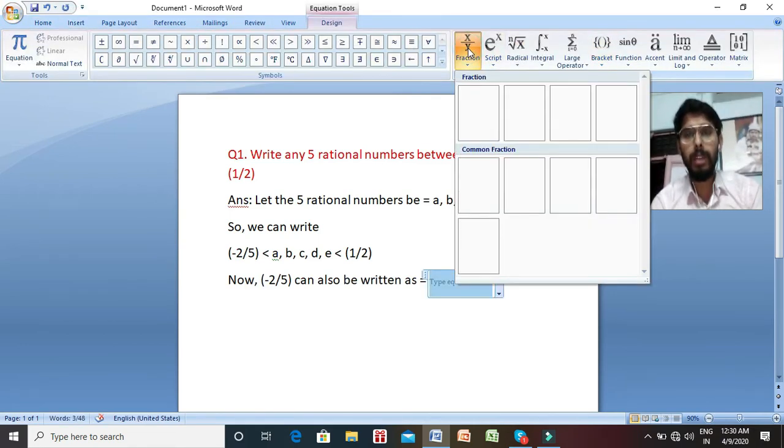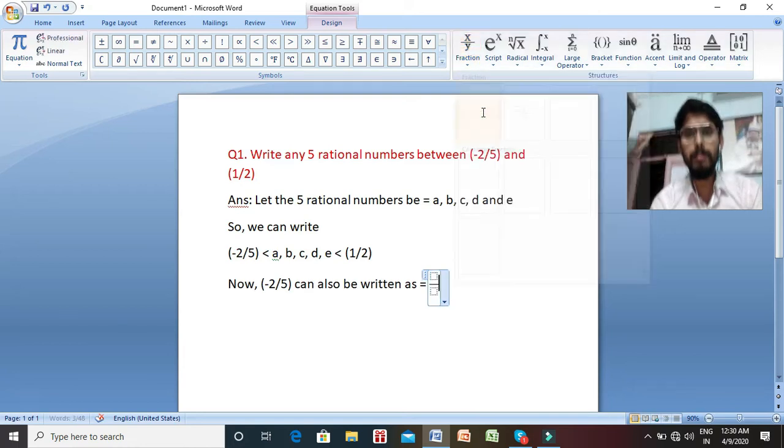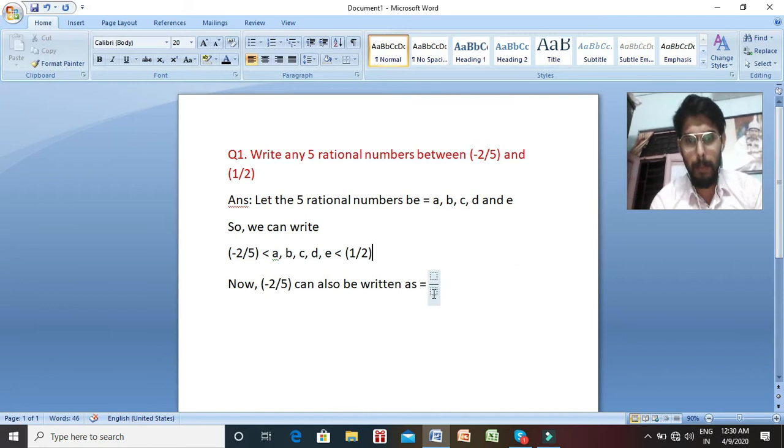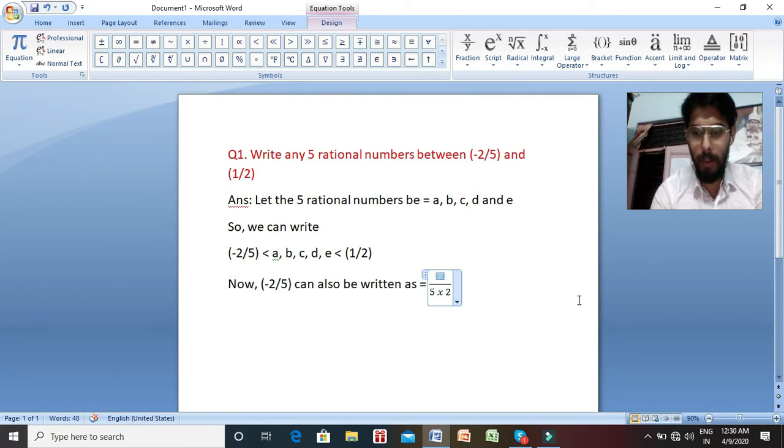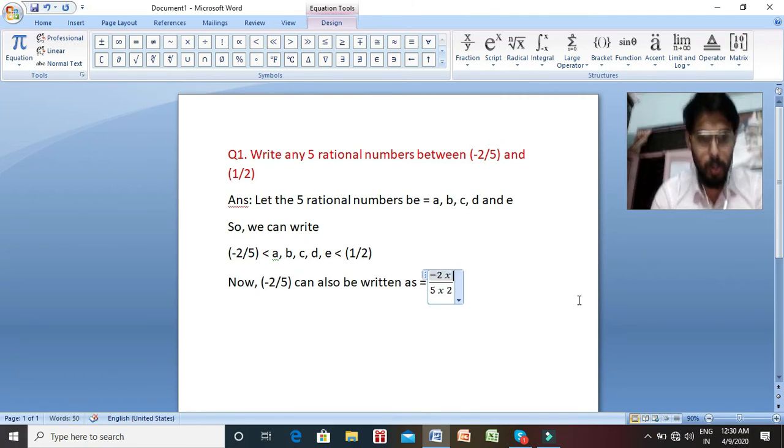So like this, -2/5 can be written as, now see what we can write here. Here we can write 5 into 2, and here we can write -2 into 2.